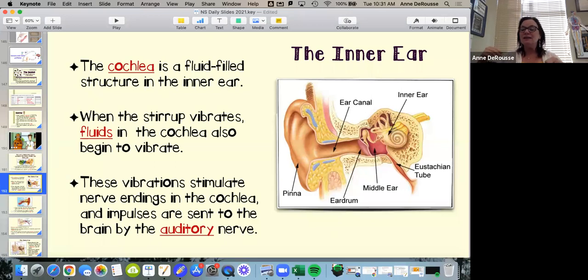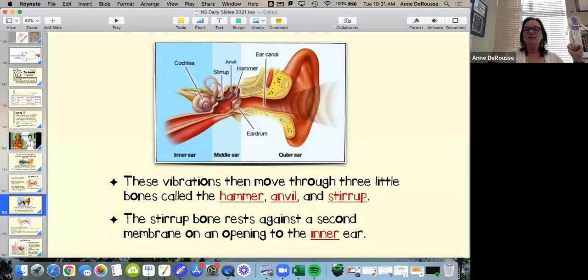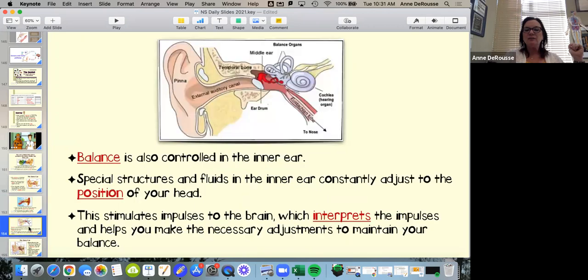Those stimulate the endings in the cochlea, and impulses are sent to the brain by the auditory nerve, where it's interpreted. So those vibrations move through those 3 little bones. The stirrup bone right here rests against a second membrane on an opening to the inner ear.